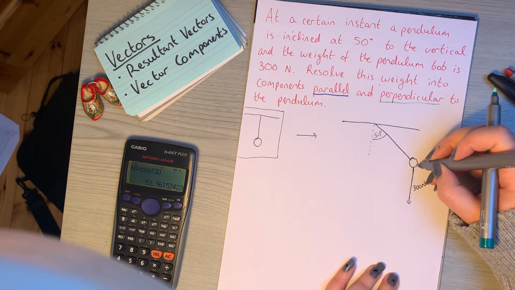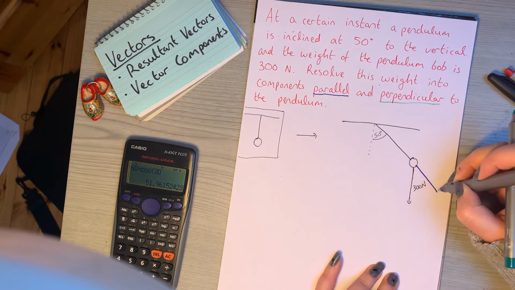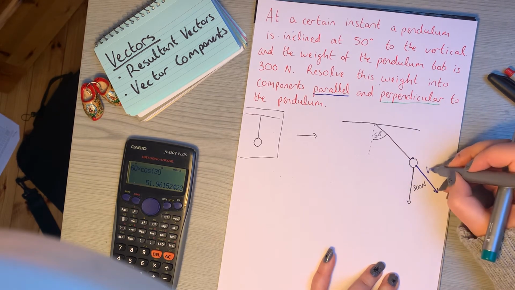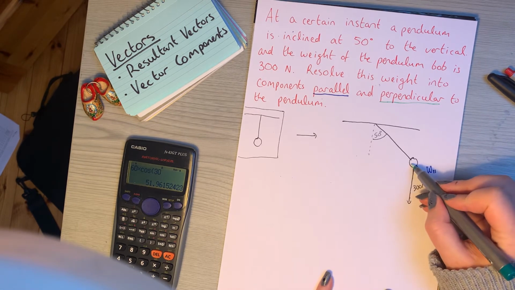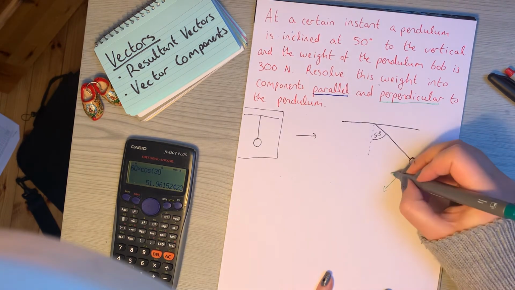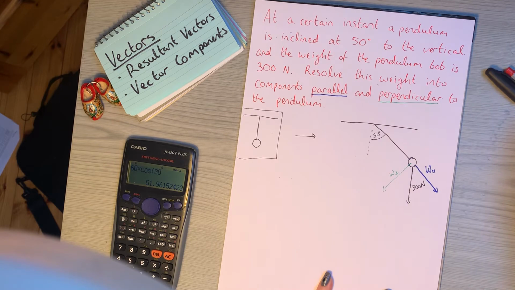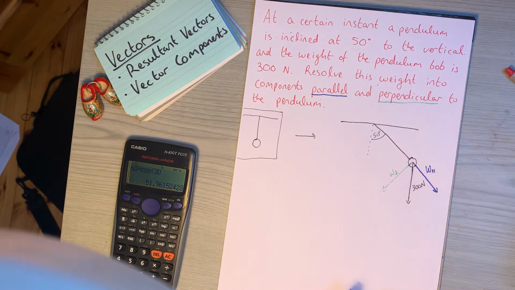So parallel will be going the same direction, so it will be going this way, like that. So I'll call that the parallel weight. And then perpendicular is at a right angle. So if I take it from, let's say here, and go down this way, that'll be my perpendicular weight. So I'm just going to finish off my triangle by joining them all up in here.